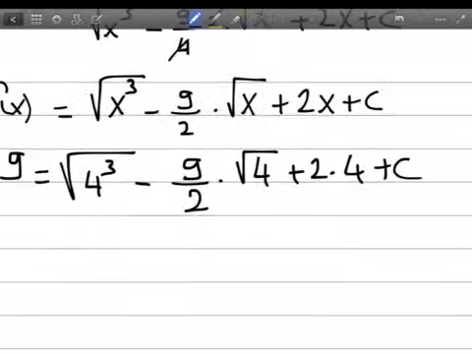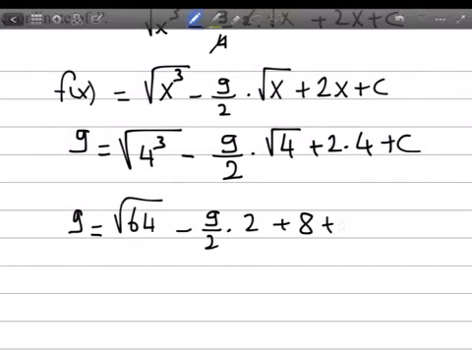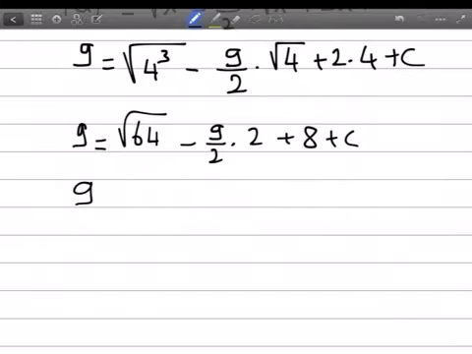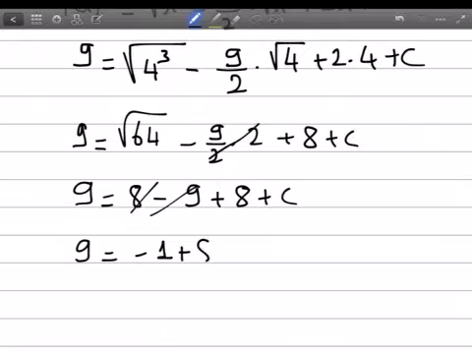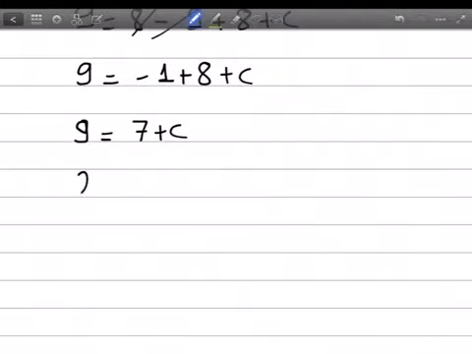We have to find the c, I mean the constant here. 9 is equal to the square root of 64 minus 9 over 2 times 2 plus 8 plus c. We have 9 and 9, these cancel, so we have 8 minus 1 plus 8 plus c. 9 equals 7 plus c, and we have c equal to 2, the constant.